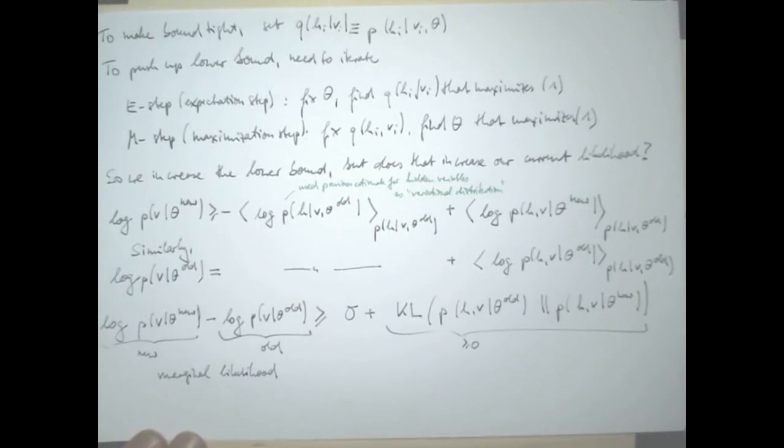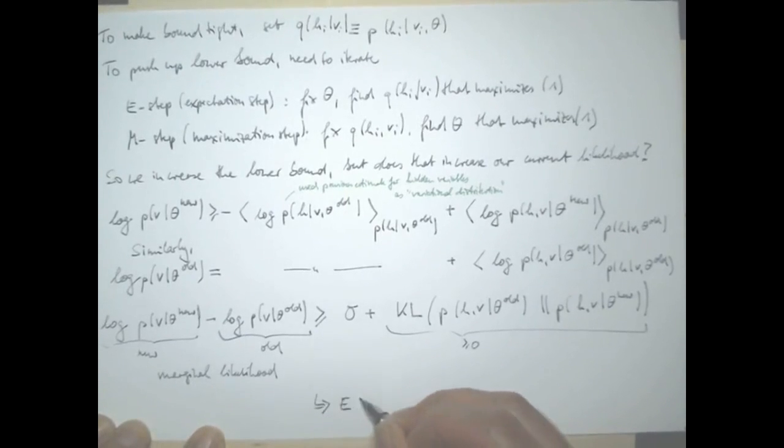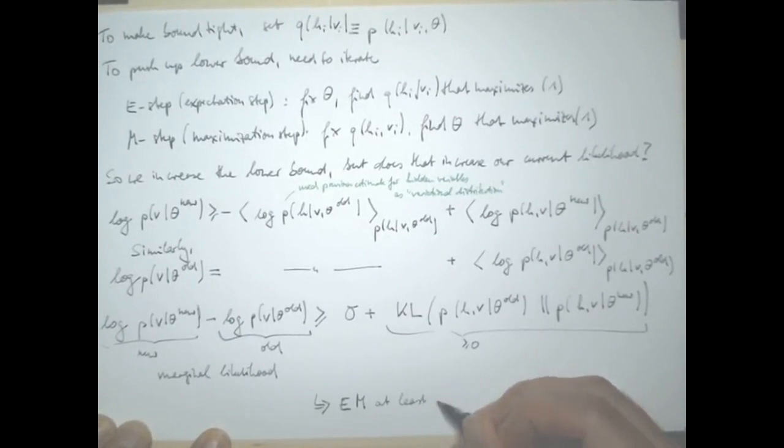And in most instances it will increase. So EM at least cannot decrease the marginal likelihood.